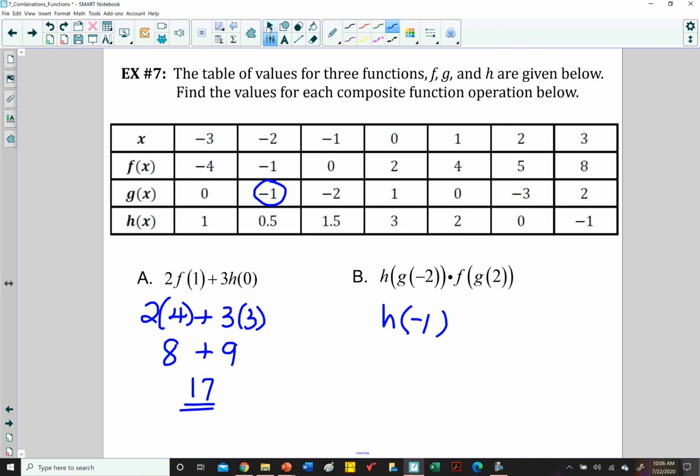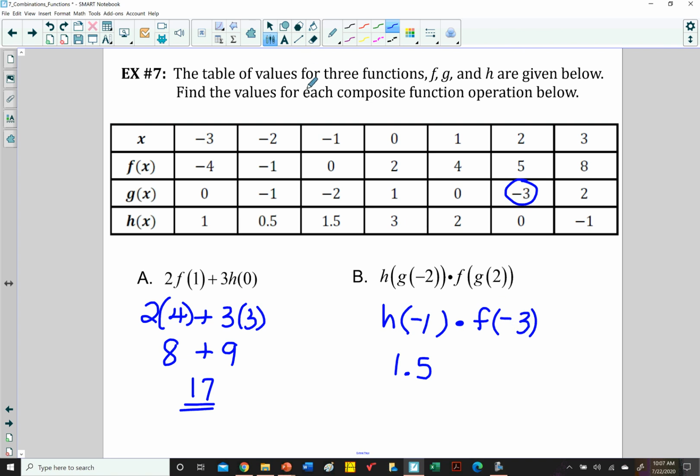And then I need the h of -1. So when x is -1, on h, we have 1.5. You can write that as a decimal or a fraction, whichever works for you. And then the f of g of 2: when x is 2, the y value on g is -3.